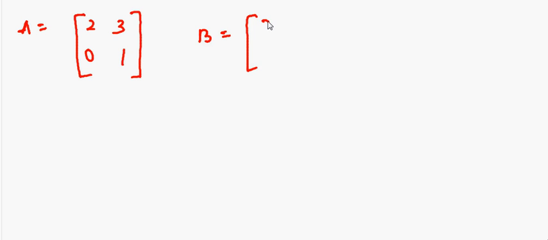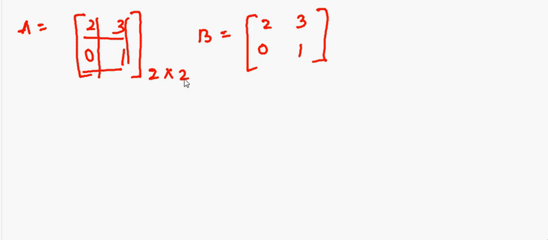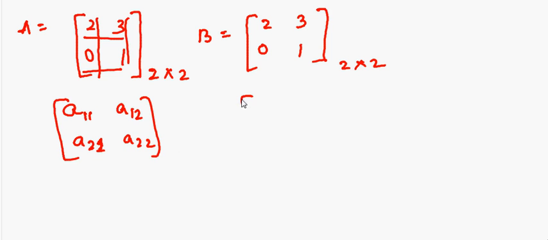Suppose for example I take A as 2 3 0 1 and B as 2 3 0 1. First you need to check the order. It is 2 rows and 2 columns, 2 by 2. Here also it is 2 by 2, so the order is the same. Next we check corresponding elements. In A we have the general terms A11, A12, A21 and A22, and in matrix B they become B11, B12, B21 and B22.